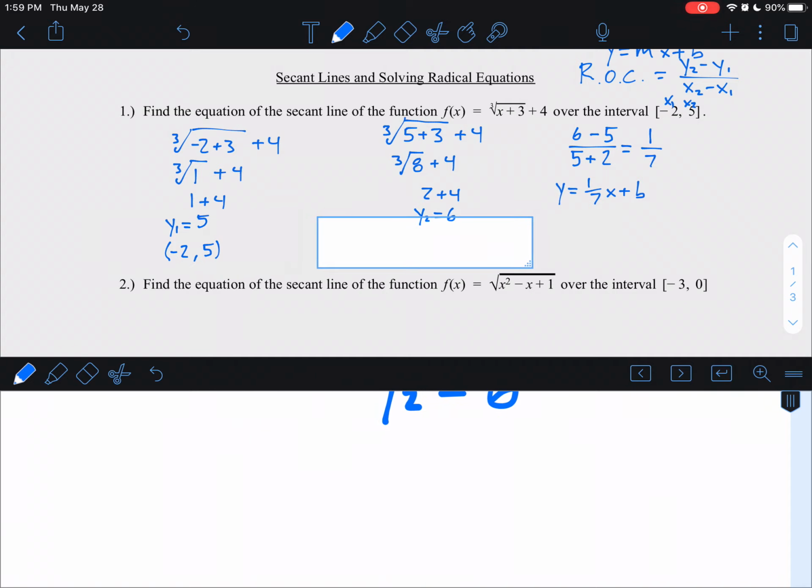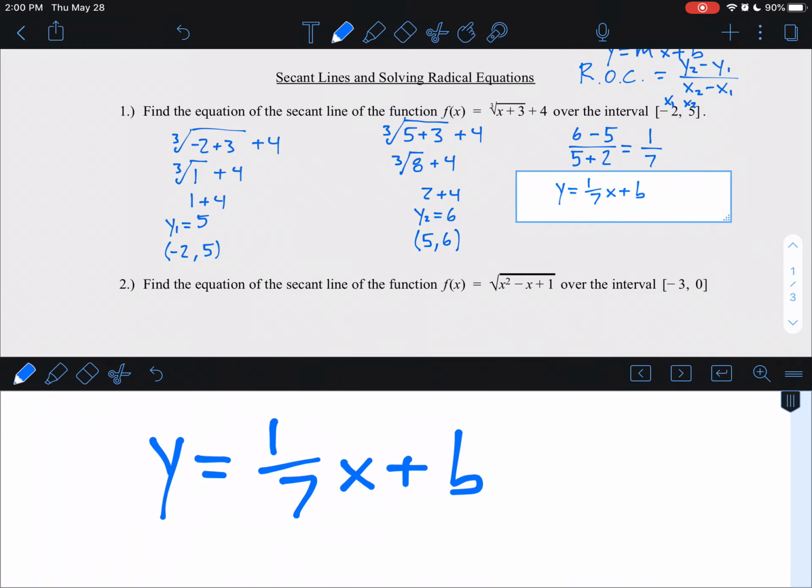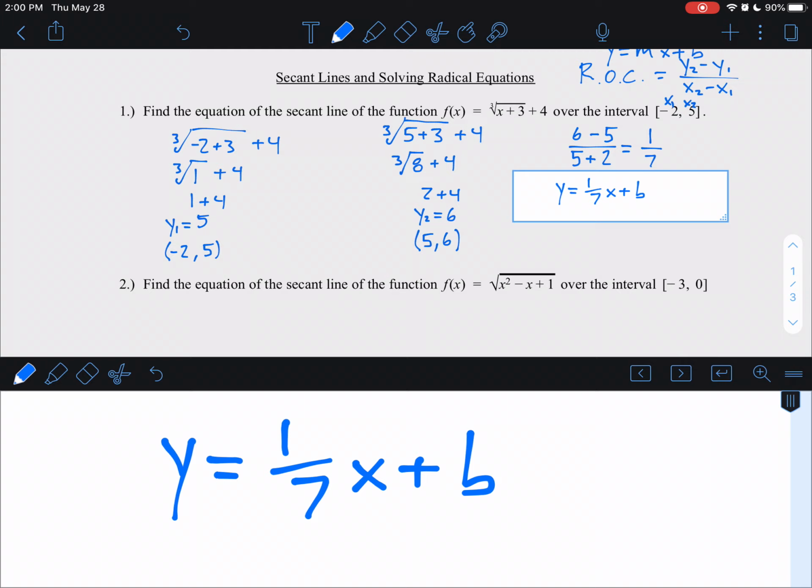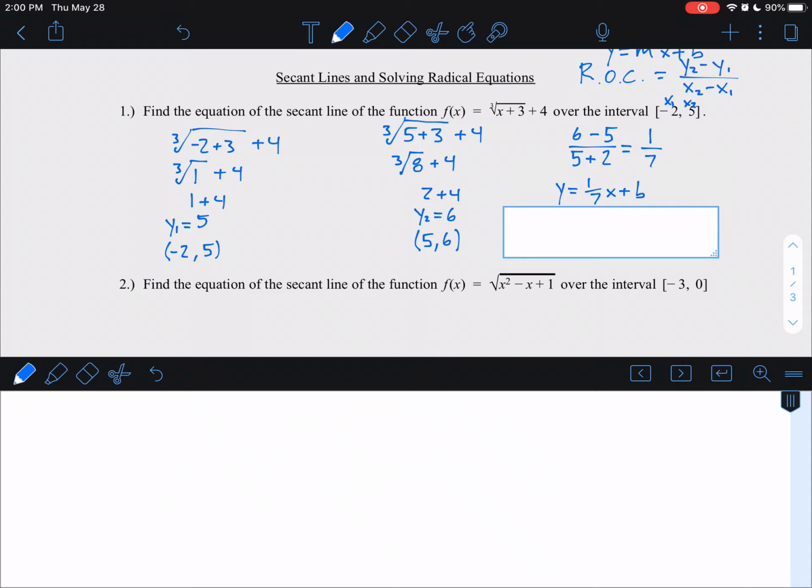And when my x2 was 5, my y2 was 6. So I can plug in either -2, 5 or 5, 6 to get my b value. So I'll just go with 5, 6, since they're both positive numbers.